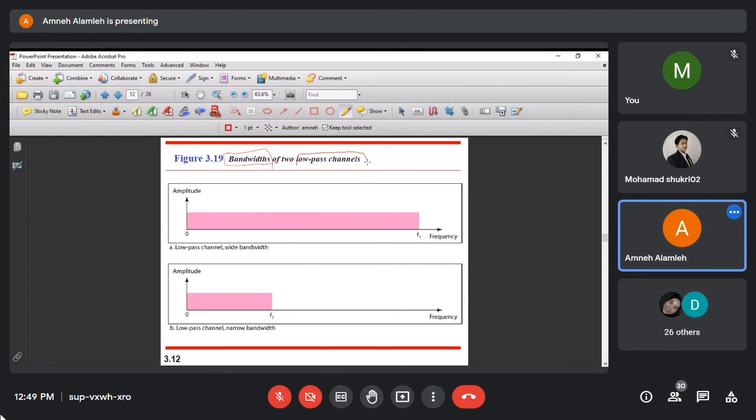A low-pass channel is a communication channel that can transfer frequencies that are very near to zero.